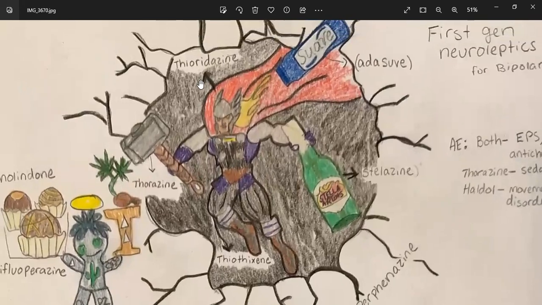And then this one, thioridazine. I just think like Thor's full name is Theodore. I know it's not, but just let me have this, okay? So Theodore for thioridazine. And then Thor has really thick thighs for thiothixene, thick thighs.